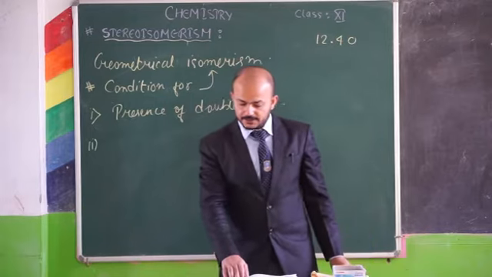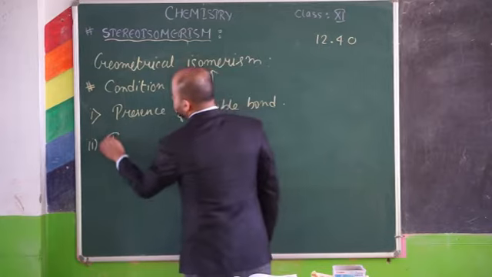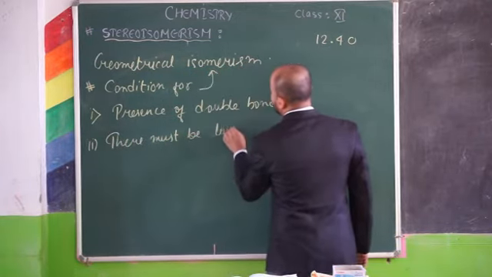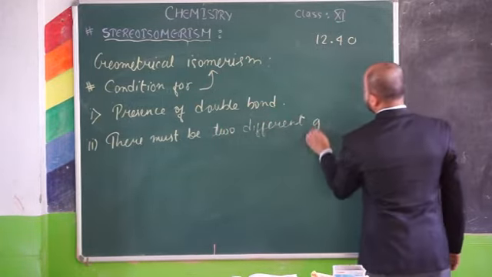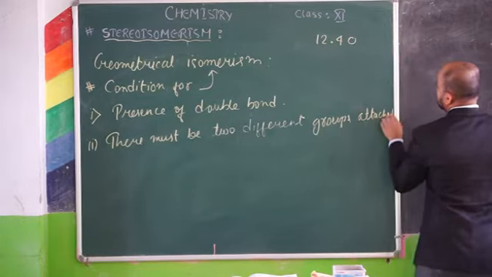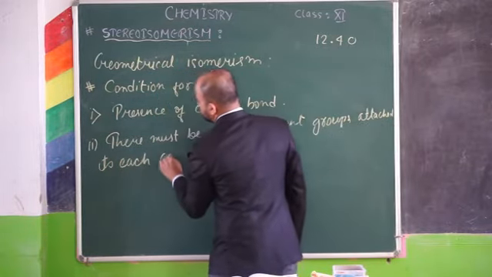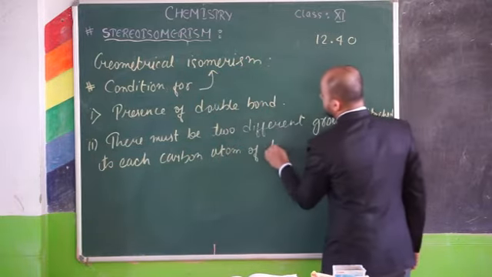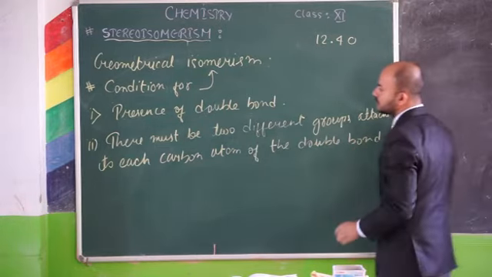So, there must be two different atoms or groups attached to each carbon atom of the double bond. So let me give you an example for both of these.